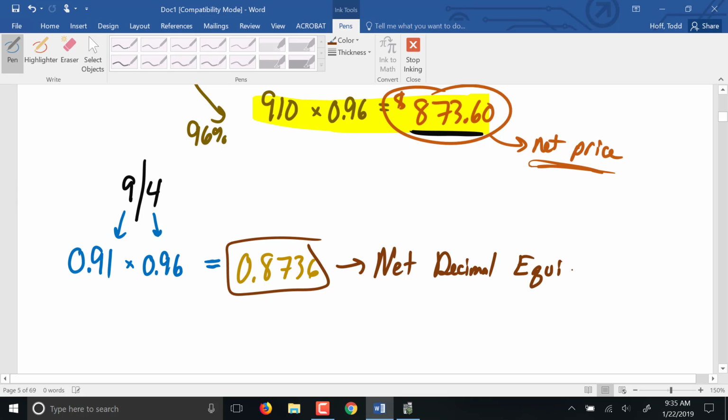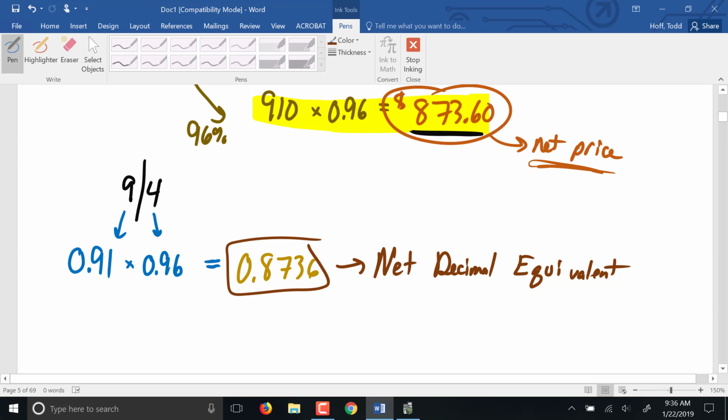Now, I've heard other terms used with that, sometimes the single net equivalent, net price equivalency rate, things like that. It is just the single net decimal equivalent. That means that is the rate of the list price that is actually paid as the net price.